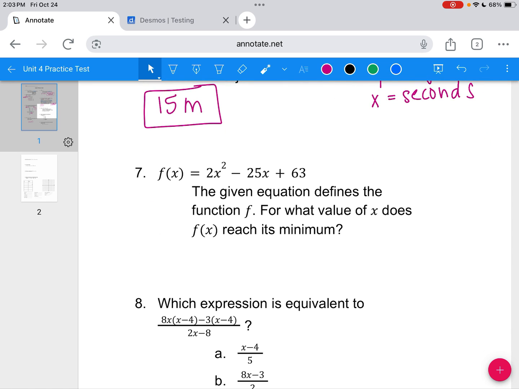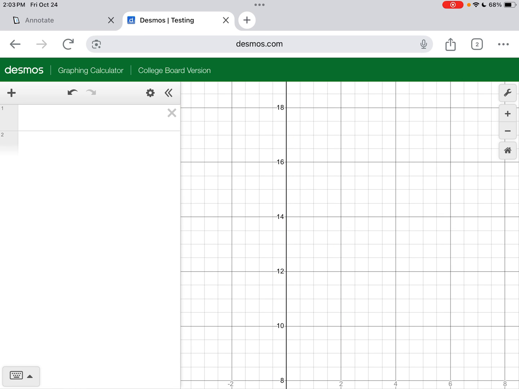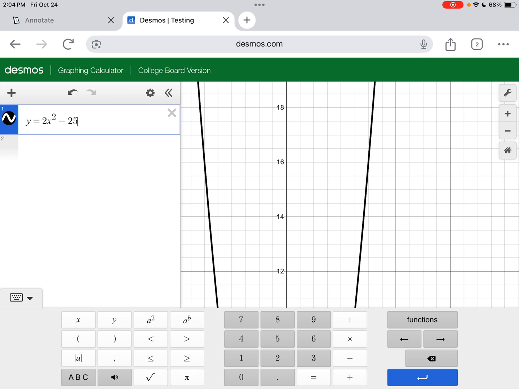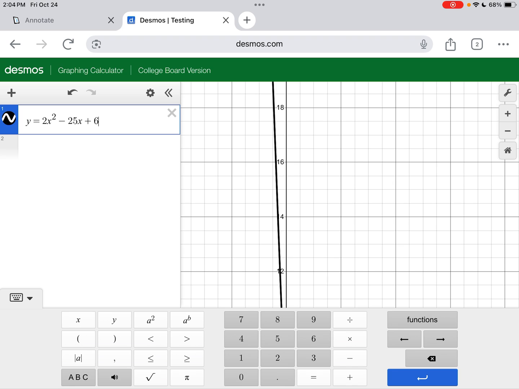Number 7, it gives us a function and it says the given equation defines the function f. For what value of x does f of x reach its minimum? So we're just looking for the minimum. And when we find the minimum, it just wants the x value of the point. So again, let's graph it. Y equals 2x squared minus 25x plus 63.